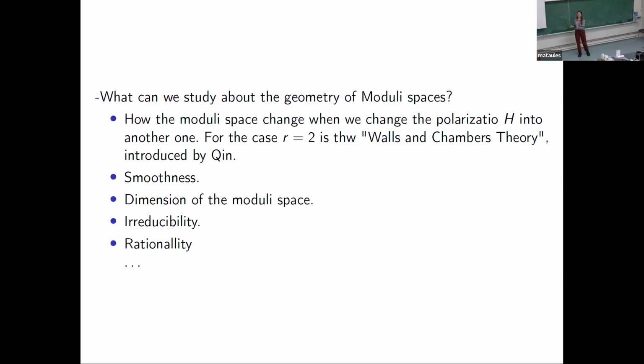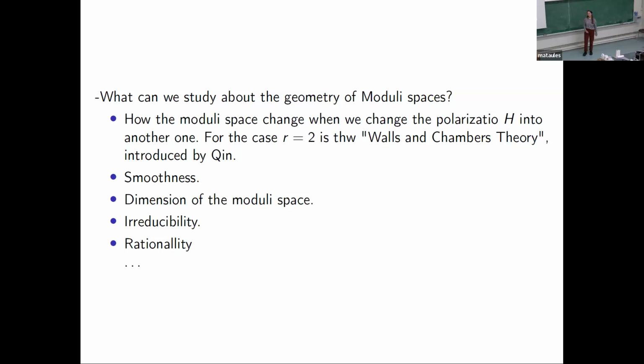Well, the answer is that it depends. There's some relation with the ample divisor. The moduli space stays the same or is birational, and in other cases, it's totally different. For the case when the rank of the vector bundles is 2, this was first studied by a team, and this is what we call the wall and chamber theory.